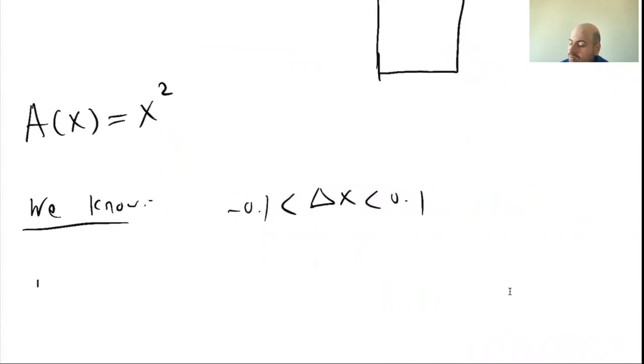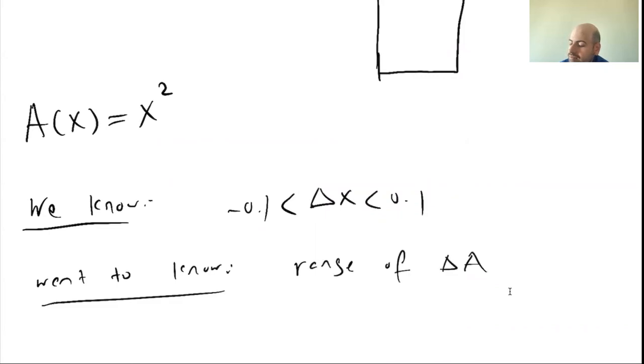We want to know the range, or estimate the range, of delta A. Delta x means change in x, so the difference between the real side and the measured side is at most 0.1 centimeter.